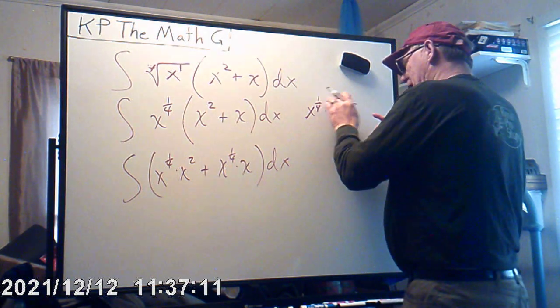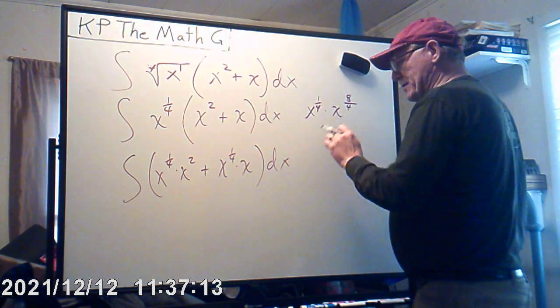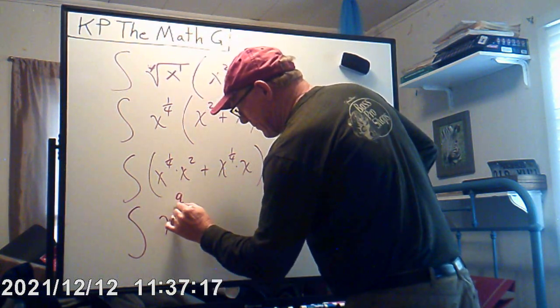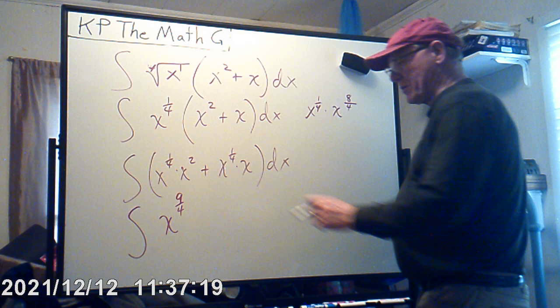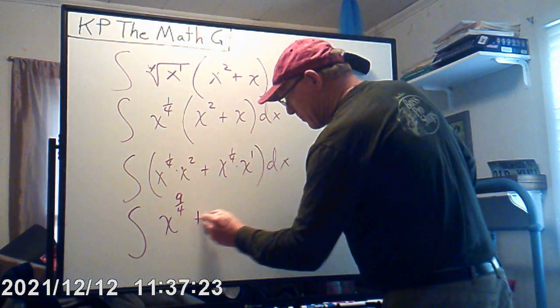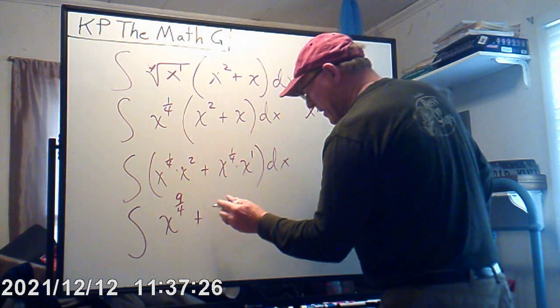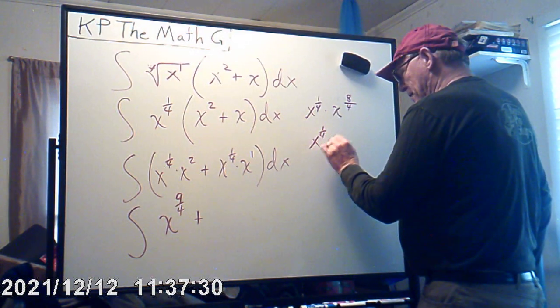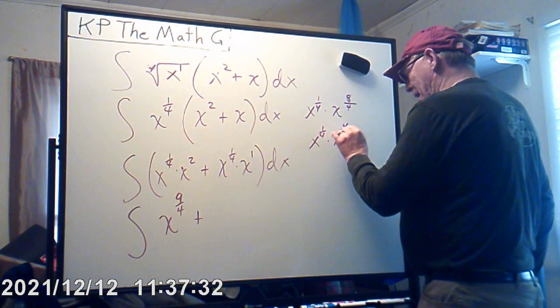So just simply add the exponents. So this one is going to give us 9/4. X to the 9/4. Okay? 4 times 2 is 8. This is a 1 here. So let's apply that same principle. 4 times 1 is 4. So this is x to the 1/4 times x to the, I'm just rewriting 1, see?